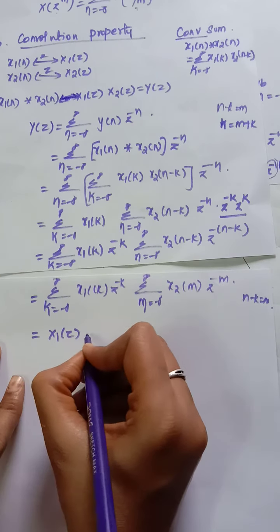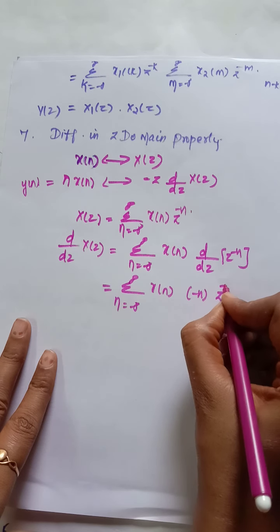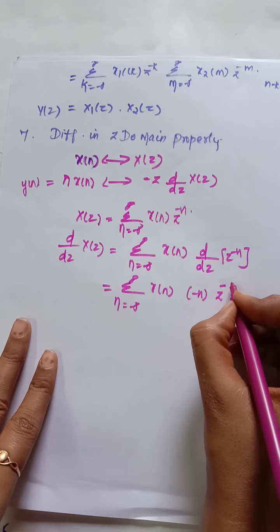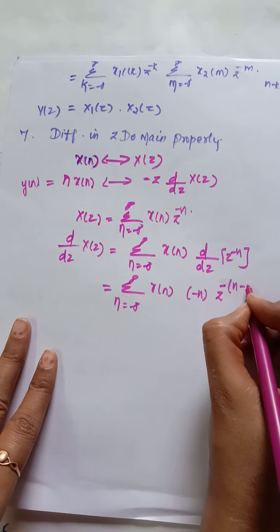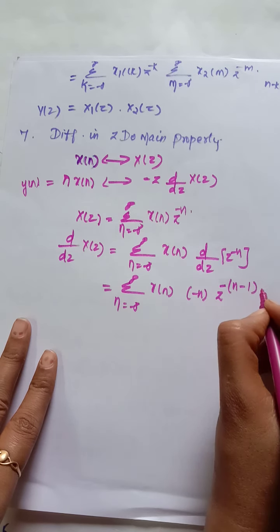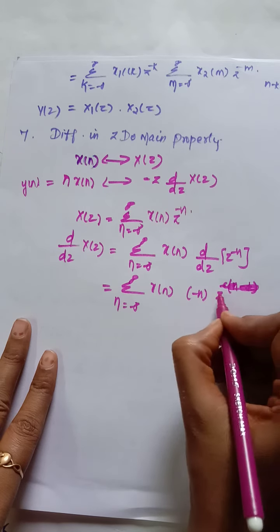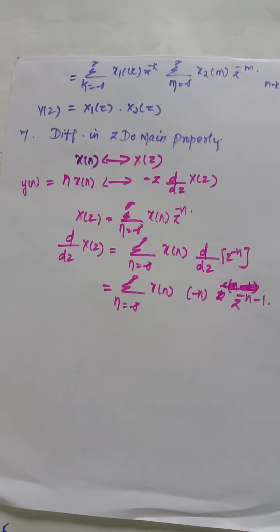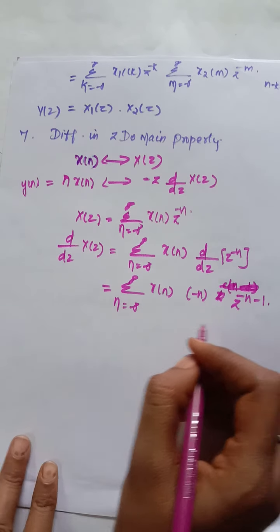When you differentiate, summation n equal to minus infinity to infinity x of n, what I will get is minus n, then z power minus n minus 1. Here minus is not common, so we need to write z power minus n minus 1.